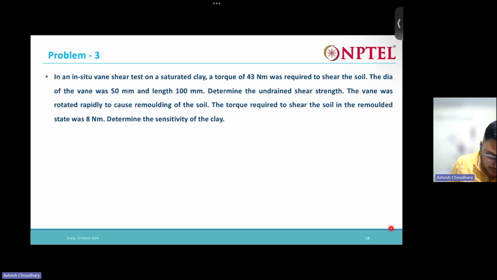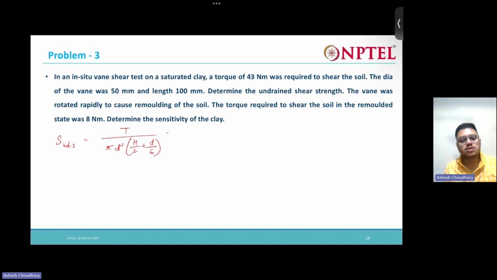Okay, so calculate first to find out the value for undisturbed, and this, just put the values and calculate.